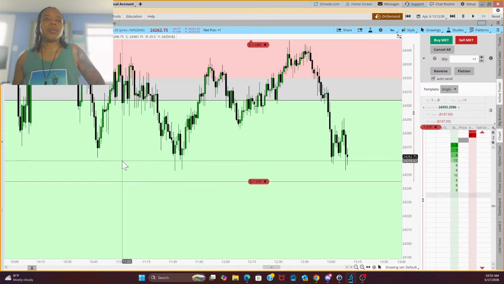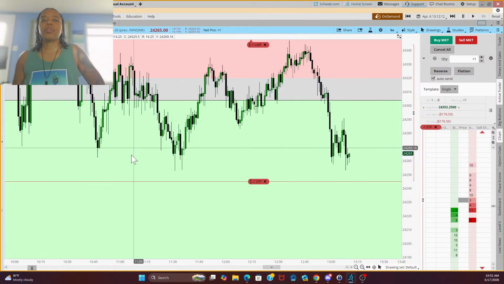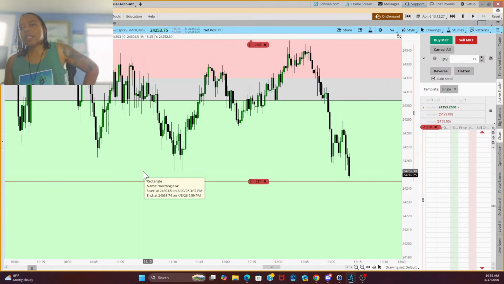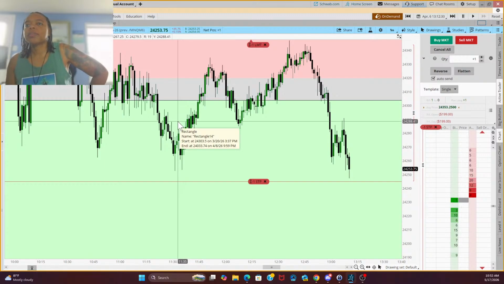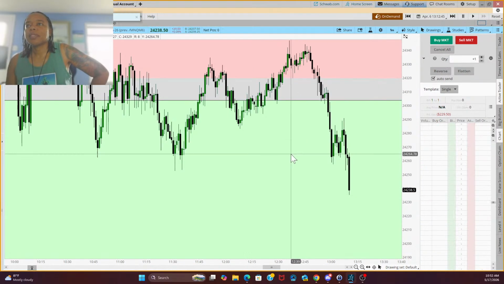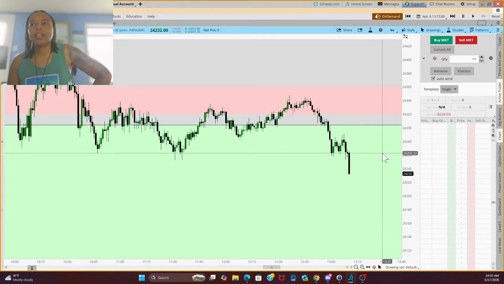We've taken a lot of lows out, retraced back up, taken more lows out, retraced back up. I think this is where we get stopped out. That's a rough stop out after God knows how long. That sucks.